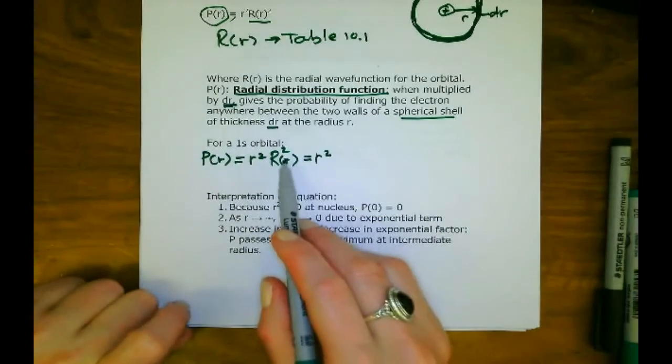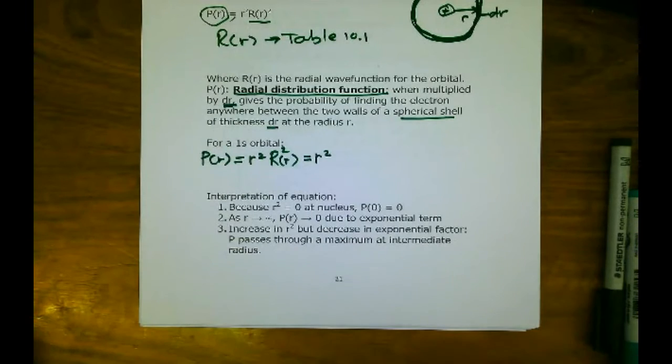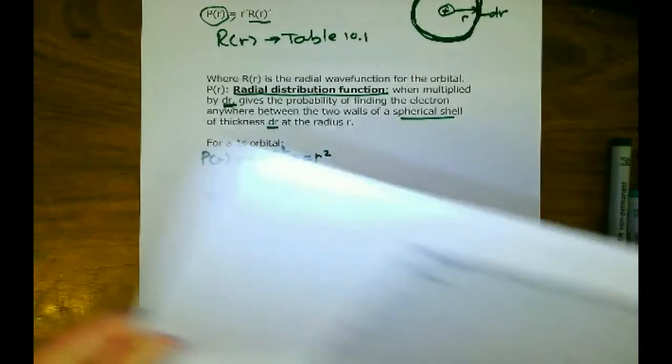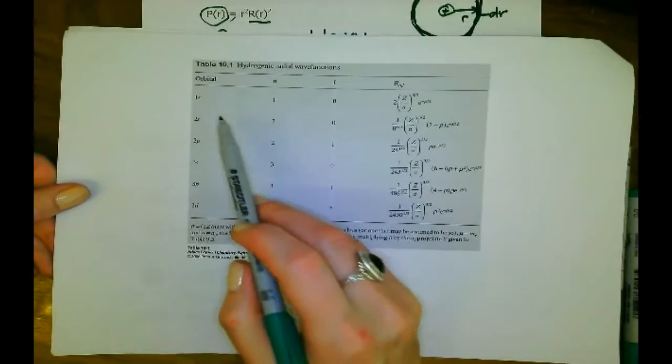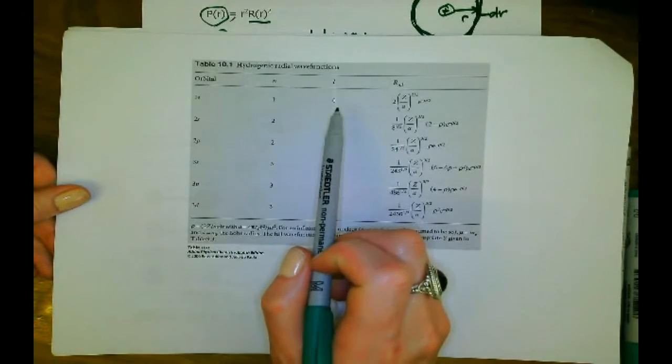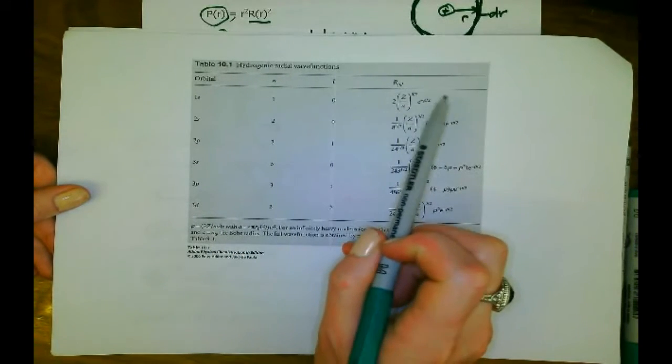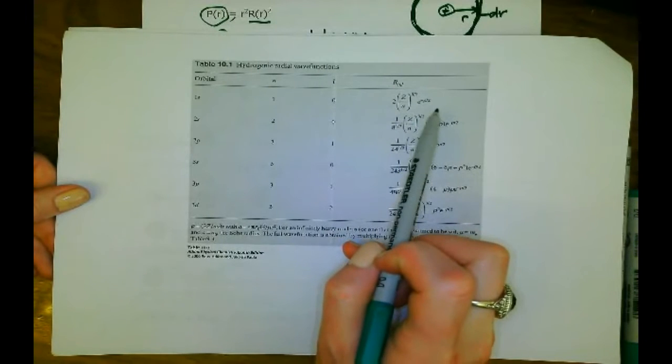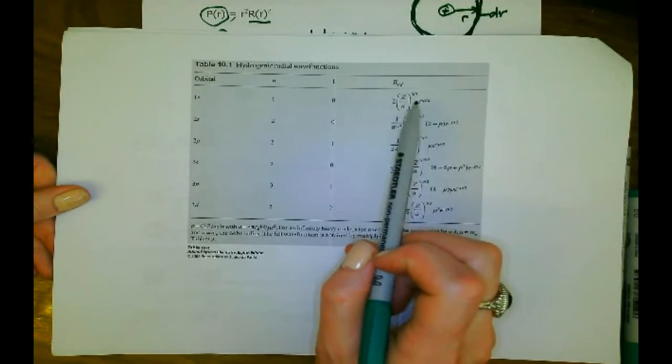And remember that you get the radial wave function from the data sheet. Now for a 1s orbital, well, your table tells you 1s, but you also know for a 1s orbital n is 1 and l is 0. So there is the radial distribution function that we want, but we need to square that. So you can see what will happen to the exponents.